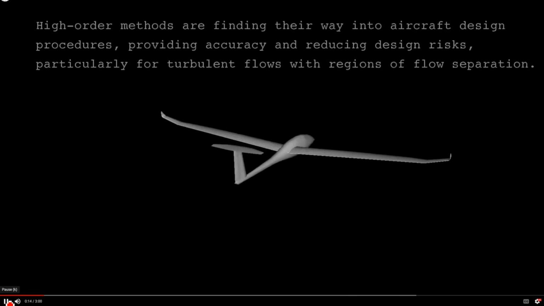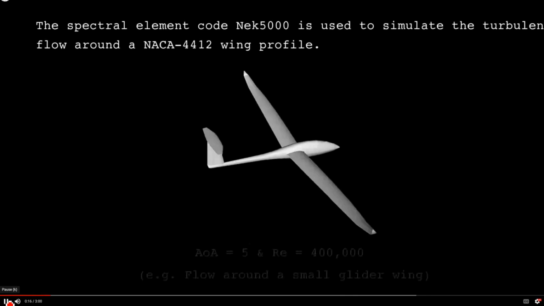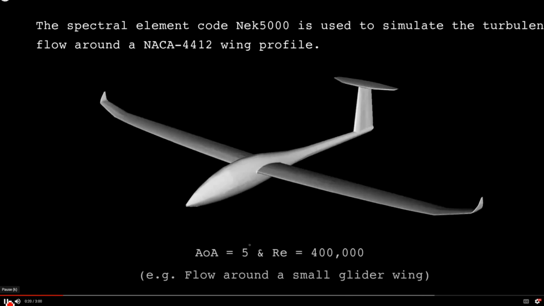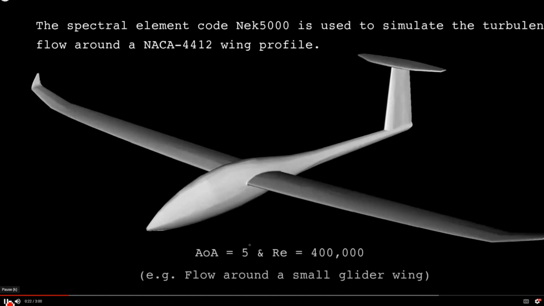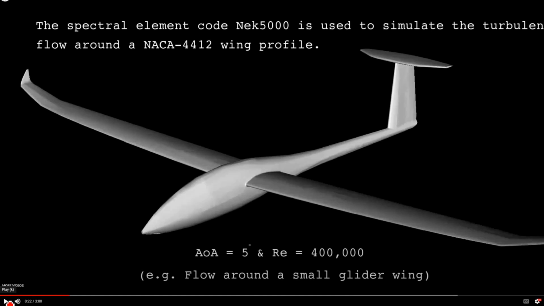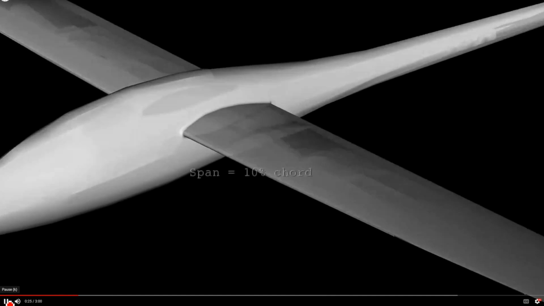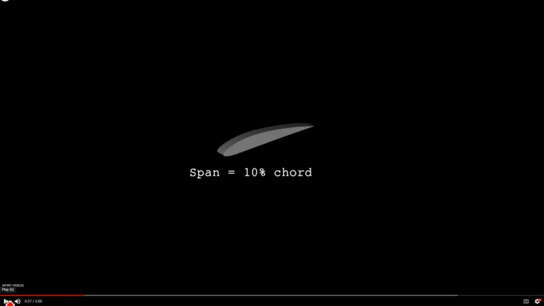Probably you could see this video already on YouTube. It's one of the best, I think, in this area. The angle of attack will be 5 degrees with Reynolds number 400,000, so it's definitely highly turbulent flow. And then they separate part of the wing.